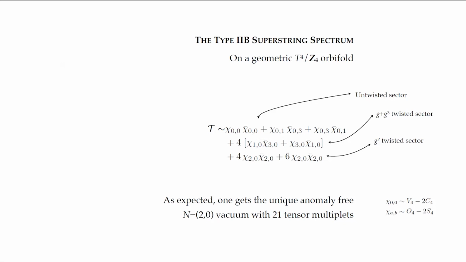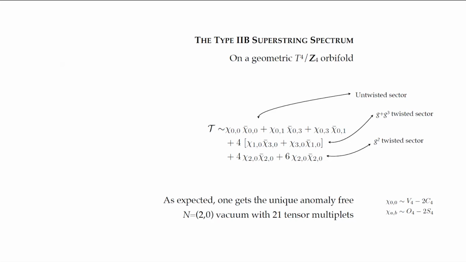I mean, never mind, just for completeness, you build up the unique 6-dimensional vacuum with N equal to 2,0 supersymmetry, which indeed comprises a supergravity multiplet coupled to 20 tensor multiplets, out of which 3 come from the untwisted sector, and the remaining 18 come from the various twisted sectors, okay?